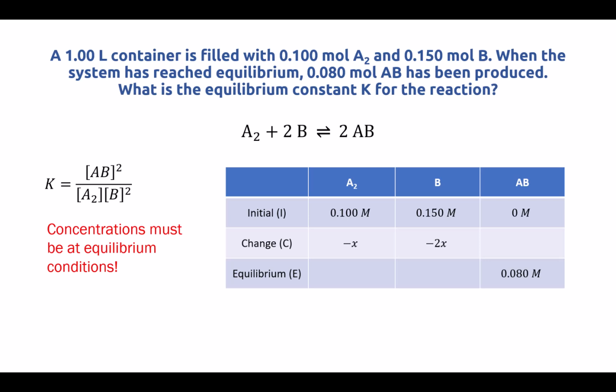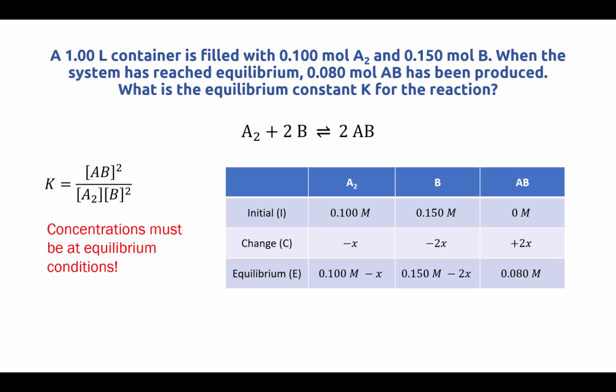The AB is going to be getting produced. So instead of having a minus, we're going to say plus 2x. The plus implies that we are producing the AB, and the 2 comes from the fact that every time we react one A2, we will produce 2 ABs. So if we lose X amount, we are going to gain 2X amount.